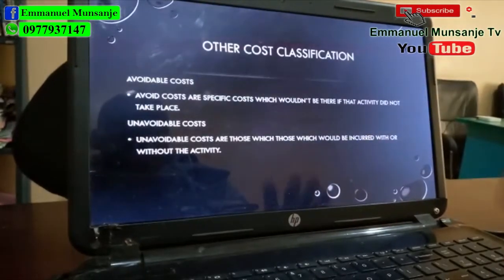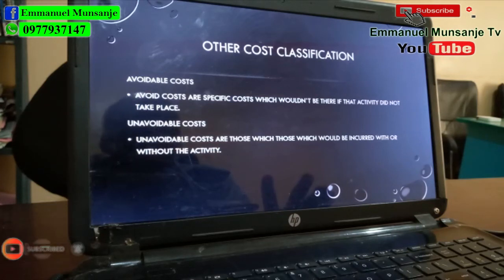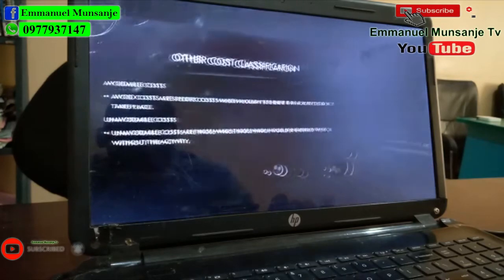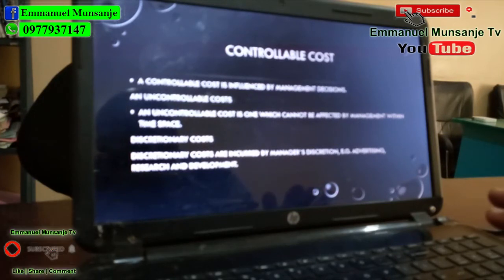Other costs: there is a classification that may be called other. There are avoidable costs. Those are costs which you wouldn't incur if you didn't engage in that activity. Unavoidable costs are those that you cannot run away from. Controllable cost: managers have the ability to control the costs, preferably lowering them.